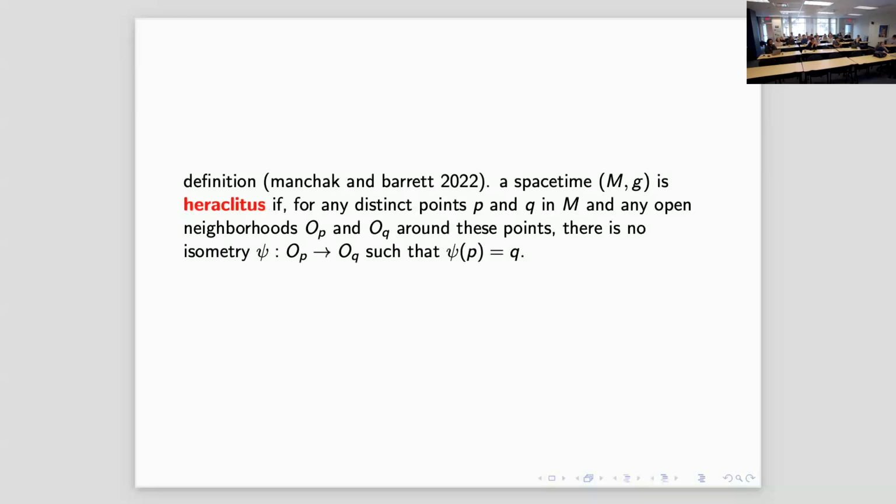Here's a definition that we came up with. A spacetime (M, g) is Heraclitus if for any distinct points P and Q in the spacetime, and any little open regions around P and Q, there's no isometry that takes P into Q, right?